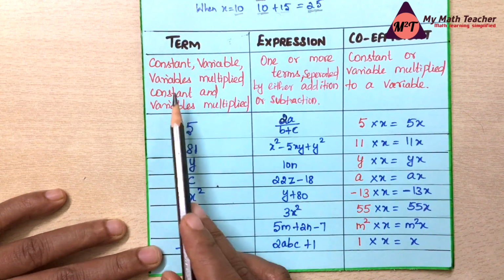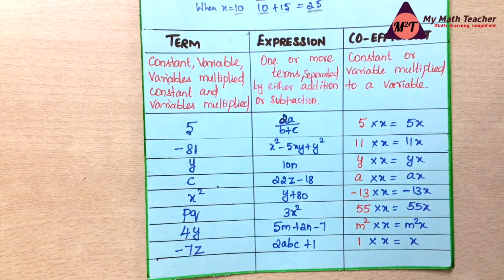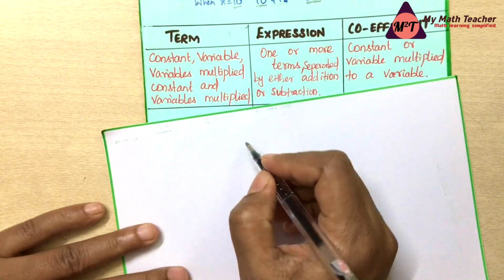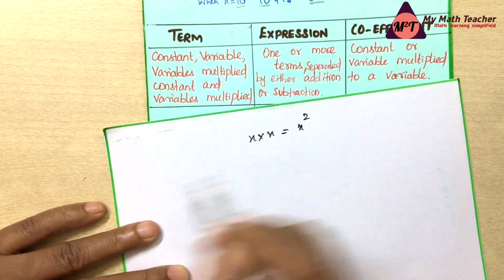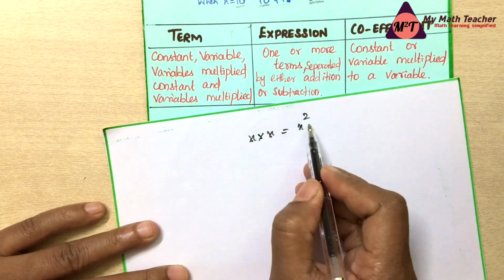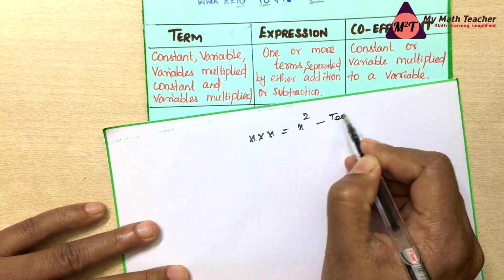And then variables multiplied. What is the meaning of variables multiplied? For example, x into x, we write it as x square. Variable multiplied by another variable, it is x square. This is called a term.